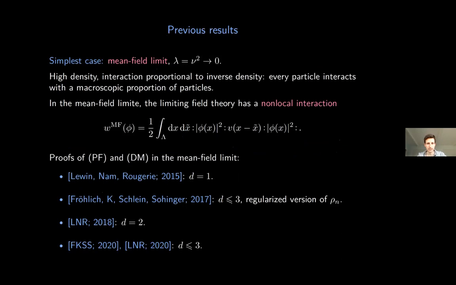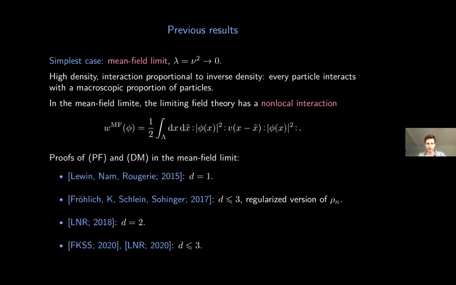So this indeed turns out to be true. So the convergence to the mean field limit is true. There has been quite some work on this in the past 6 years now. It started with a paper of Levin, Nam, and Rougerie from 6 years ago, where they did the 1D case where no renormalization is required.